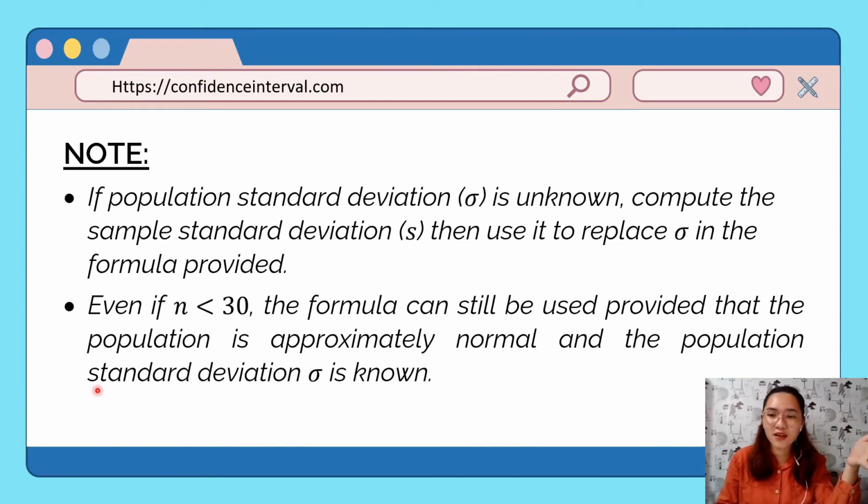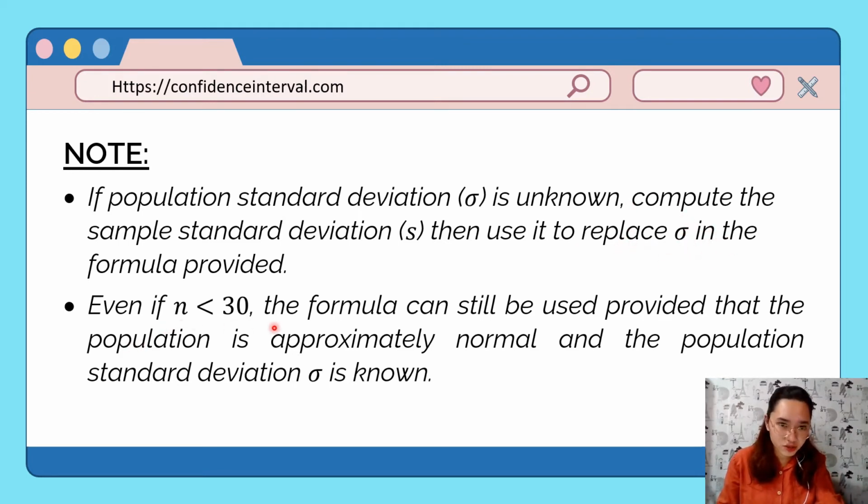Take note lang natin na maliban dun, pwede rin po natin gamitin yung formula na na-present ko kanina kung hindi po given ang standard deviation, as long as na greater than or equal to 30 ang ating sample size. So, gagamitin lang po natin yung sample standard deviation to replace our population standard deviation dun sa formula natin.